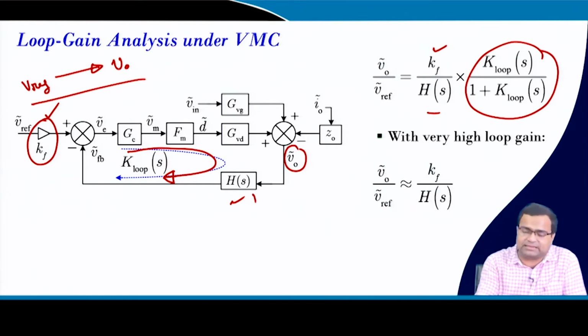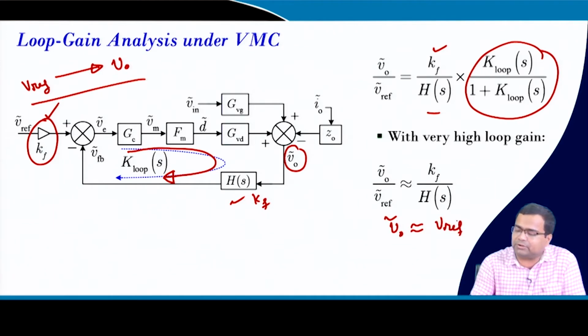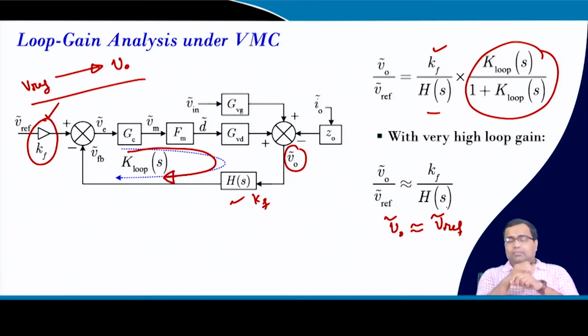That means, if you set this also equal to kf, then your V0 will be approximately equal to Vref if the loop gain is very high. But this very high loop gain requires two things: a very high bandwidth over the entire range, and also a very high gain.